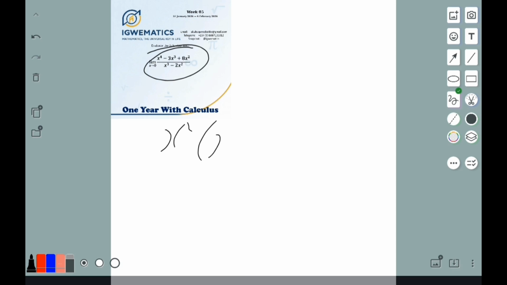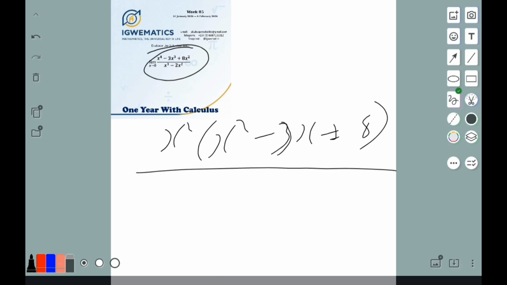From the first term, x to the power of 4, if we divide by x squared, we'll have x squared again. The second term is minus 3x cubed. If we divide by x squared, we'll have minus 3x. And the third term, plus 8x squared, divided by x squared gives plus 8.